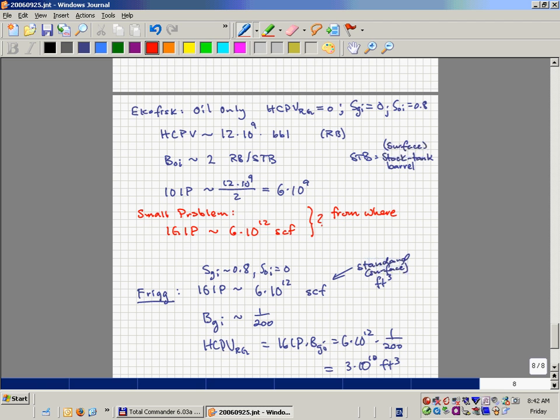I put 6 times 10 to the 9th. 3,000, 6 billion times, about 1,000 cubic. Well, it's not exactly right, but basically this is the solution gas.